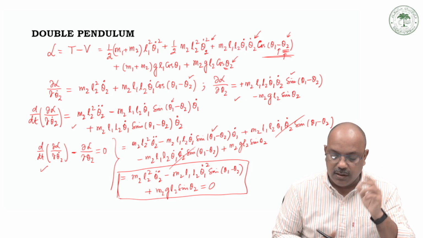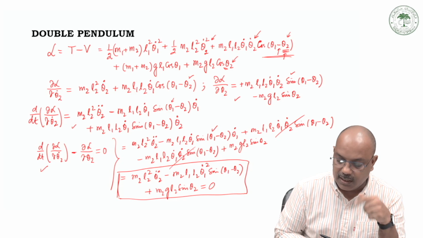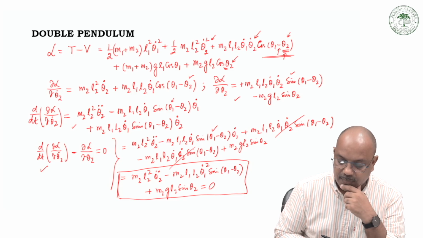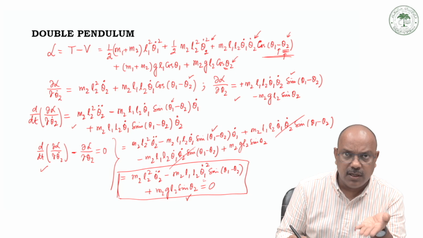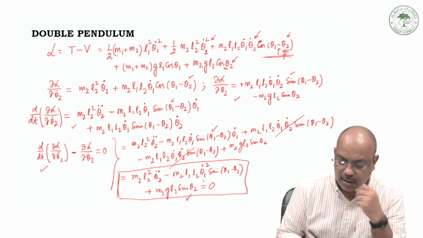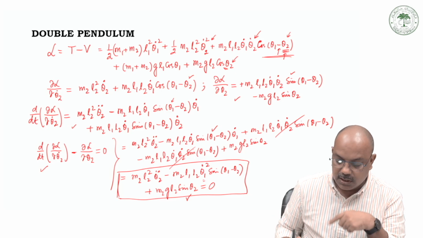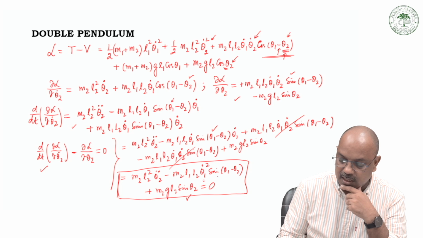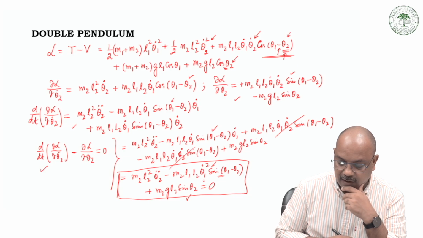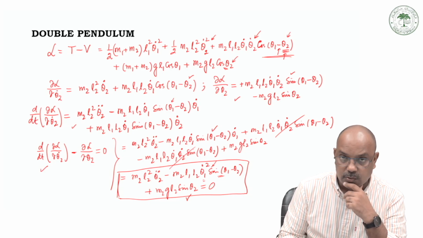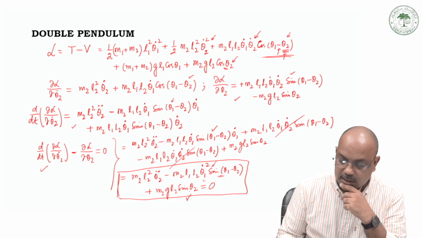But in this equation, because it depends on theta 2, if you put theta 1 dot equal to 0, or look at a small condition, then theta 1 dot squared is going to be 0, so it does not contribute, and you have only m2 L2 squared theta 2 double dot and m2 g L2 sine theta 2.